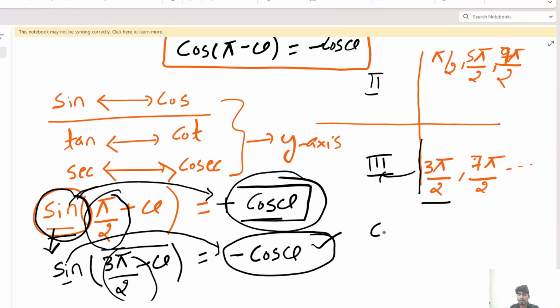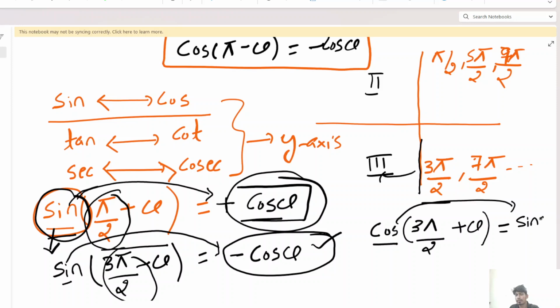Then cos of 3 pi by 2 plus theta. Cos changes into sine and theta remains. Cos is positive in the fourth quadrant, thus this remains positive.